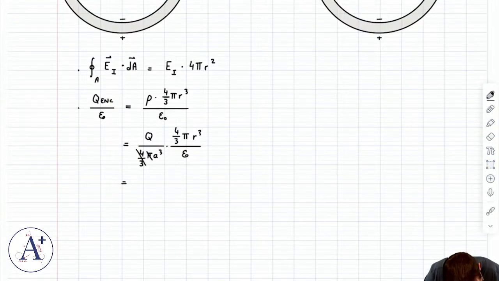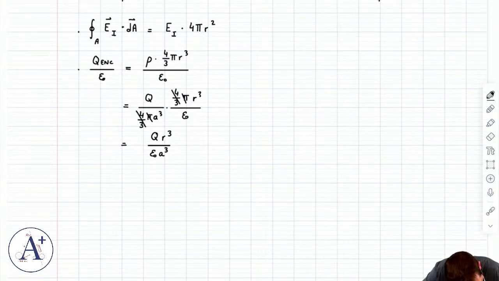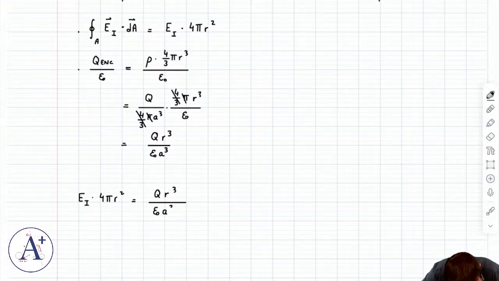And then 4/3 and pi go away, we get Q r cubed divided by epsilon naught a cubed. All right, and so by Gauss's law, E1 4 pi r squared is equal to Q r cubed over epsilon naught a cubed.